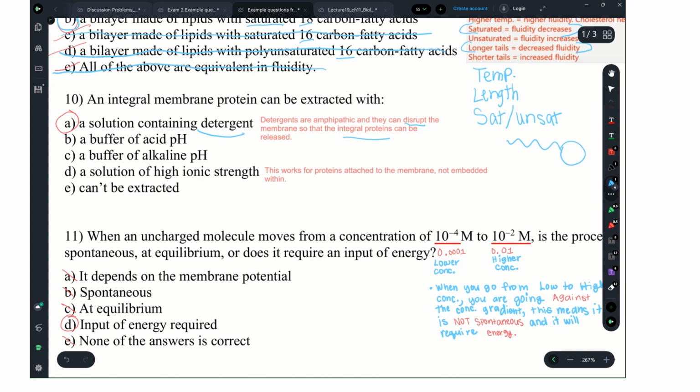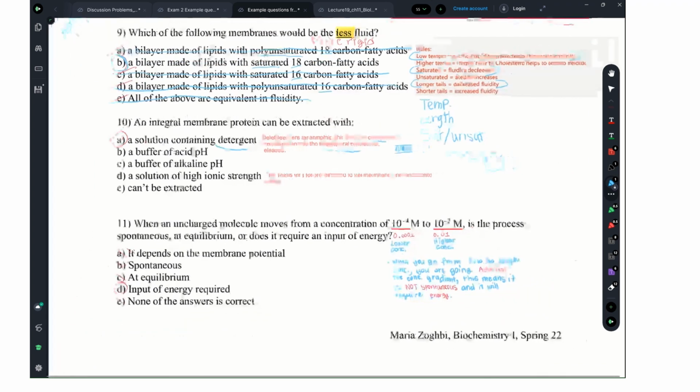Scientists are still struggling with removing membrane proteins because they're so protected in the hydrophobic bilayer. So you have to use a detergent like SDS, sodium dodecyl sulfate, which is a popular one.